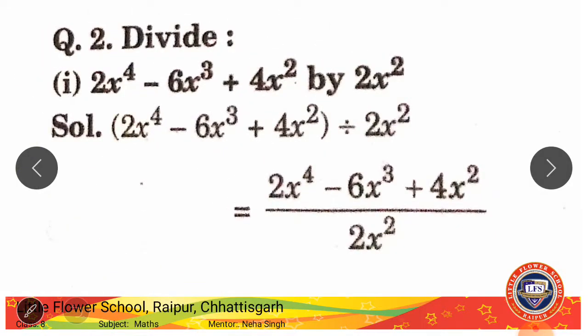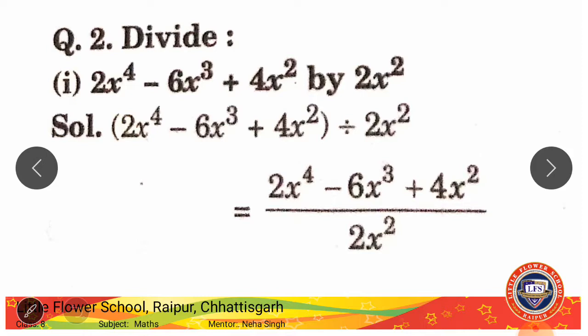Now see, 2x4 minus 6x cube plus 4x square will be divided by 2x square. Okay, so see here, one thing I can do, either I can separate all the terms, right? 2x4 upon 2x square minus 6x cube upon 2x square and plus 4x square upon 2x square.